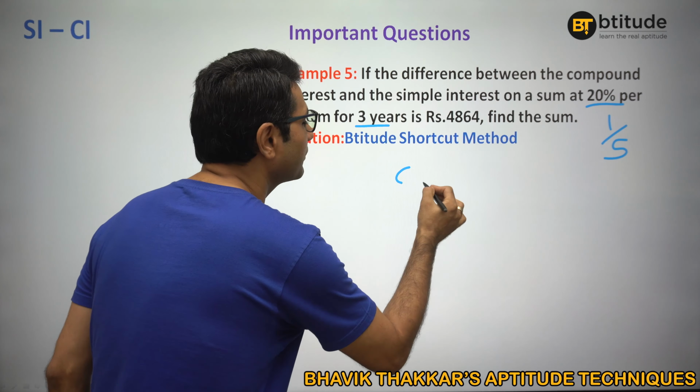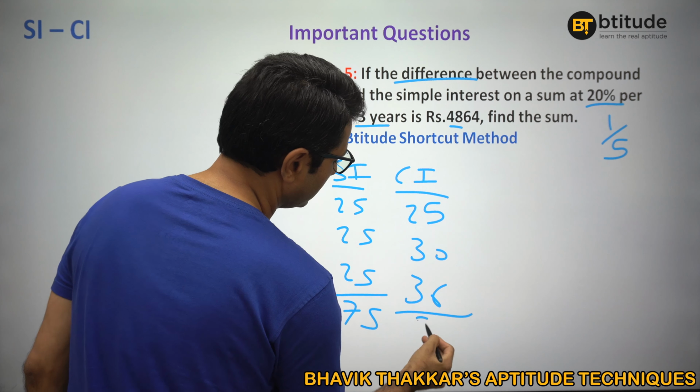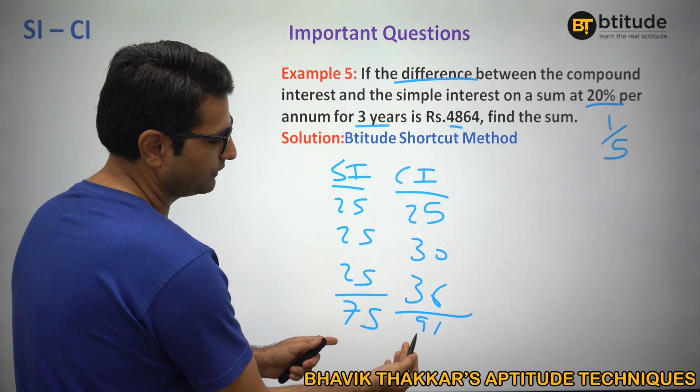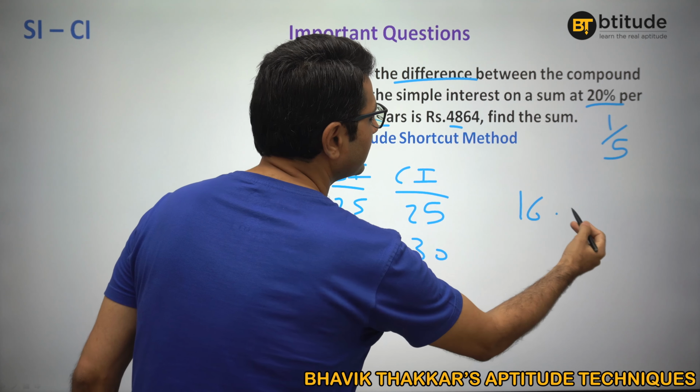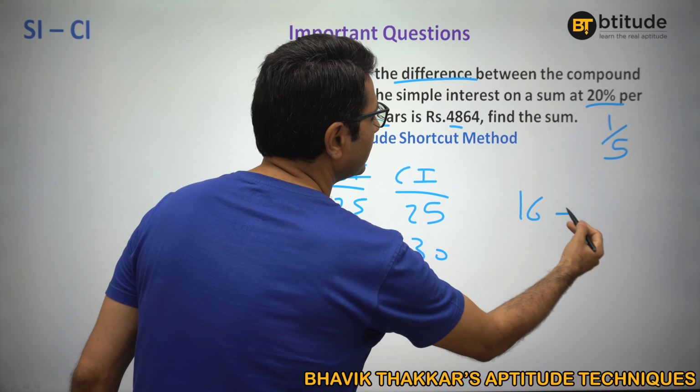Now here they are saying the difference is this. I would say in my replica the difference is actually, what is the difference? Difference is actually 16. If this 16 stands for 4864, right? Now find the sum. Sum means the amount that you have actually lent, the amount that is the principal. What will be the principal here? Of course, 1/5.